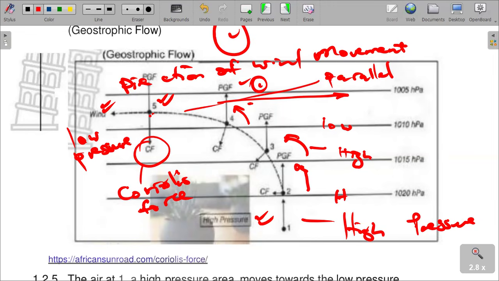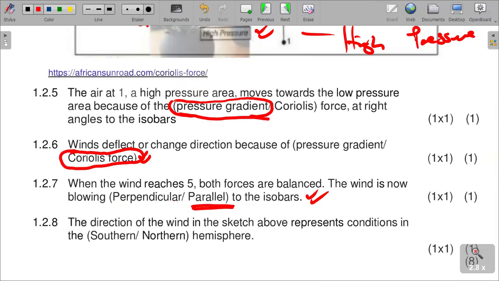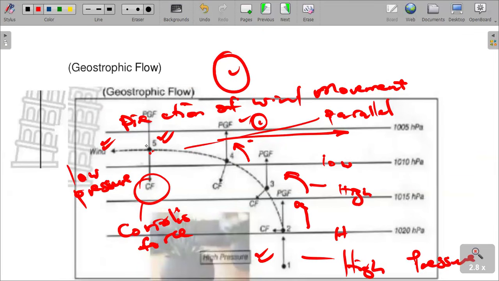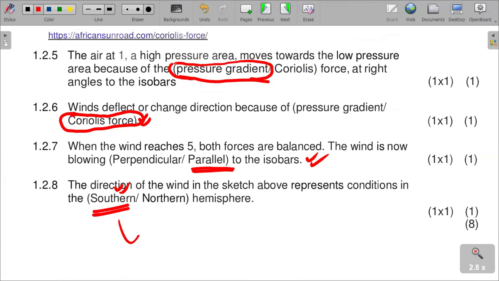It is blowing in the southern hemisphere. The wind movement you can see here is moving in an anti-clockwise direction. Why do we say that it is anti-clockwise circulation that we can see here?